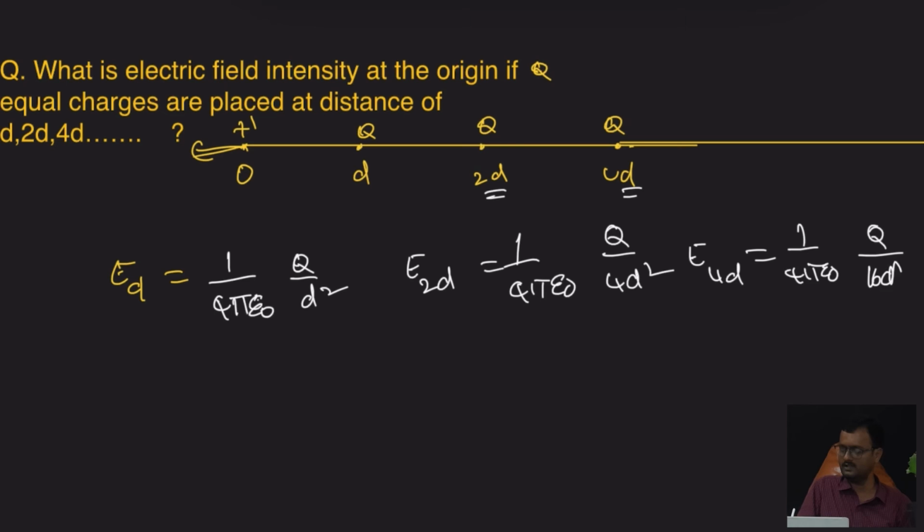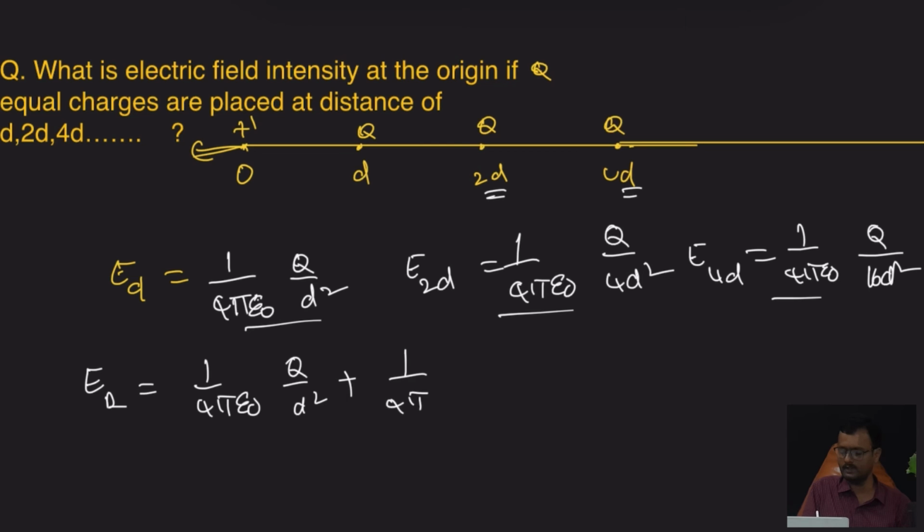Electric field due to the charge at 4d is 1 by 4 pi epsilon naught Q by 16d square, and so on. So the resultant vector is the sum of these vectors: 1 by 4 pi epsilon naught Q by d square plus 1 by 4 pi epsilon naught Q by 4d square plus 1 by 4 pi epsilon naught Q by 16d square plus and so on.